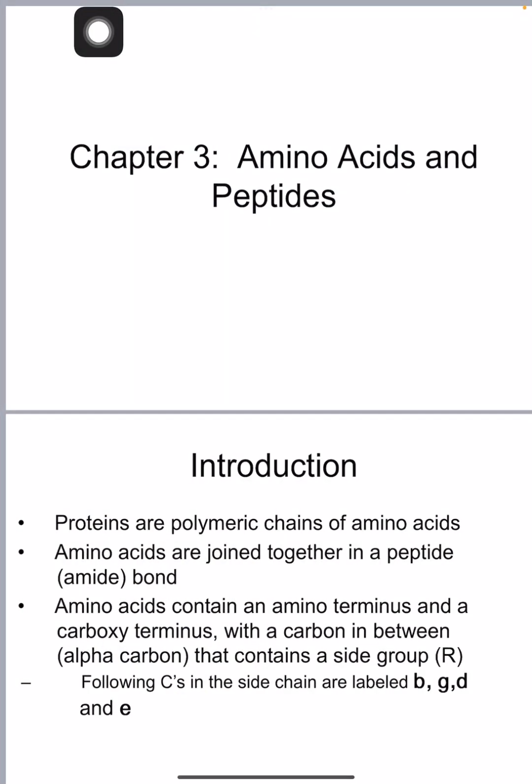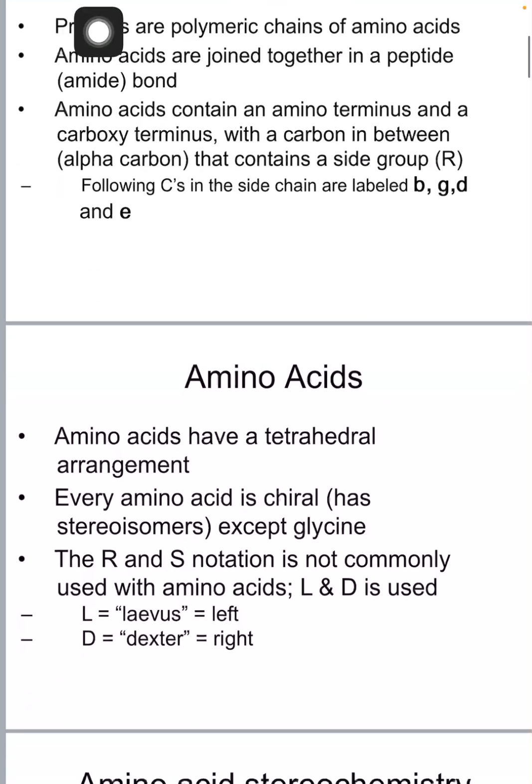All right. Now, since most of them are chiral, we can actually draw the stereochemistry of that, which I know is everybody's favorite thing. However, usually in biochemistry, we don't use exactly the same system that we used in organic chemistry. You might remember in organic chemistry, if we had a stereogenic center, we're drawing 4 bonds from it.